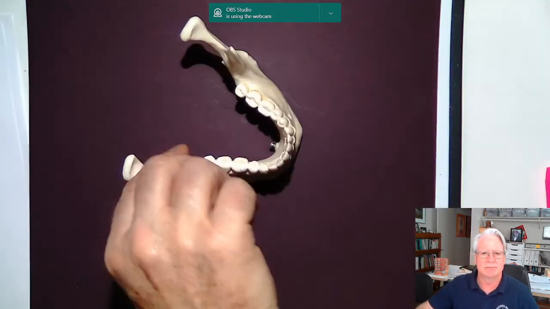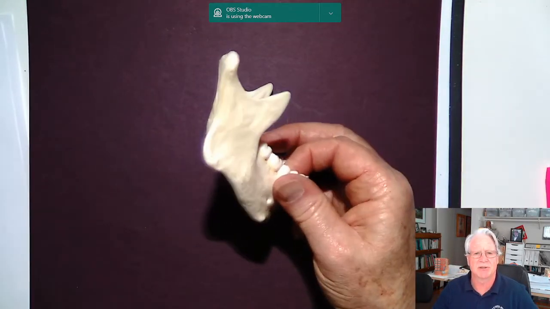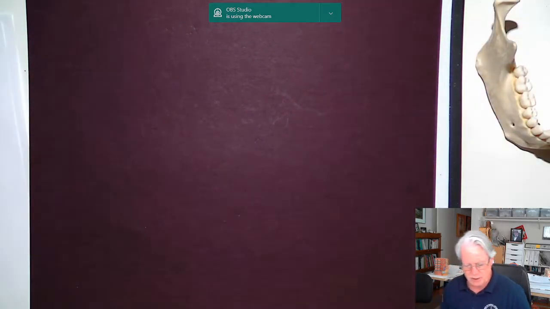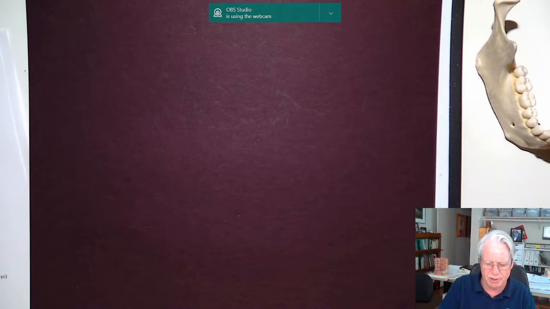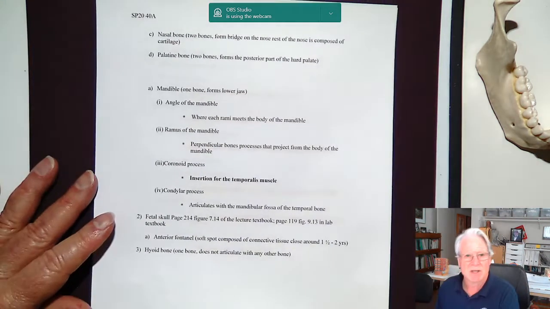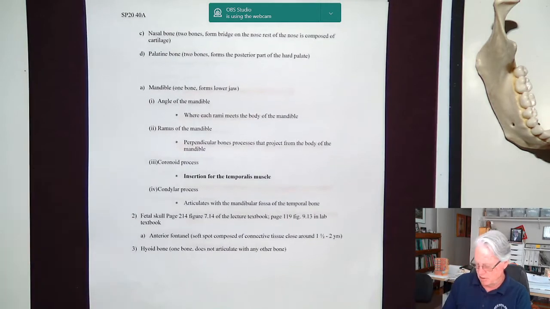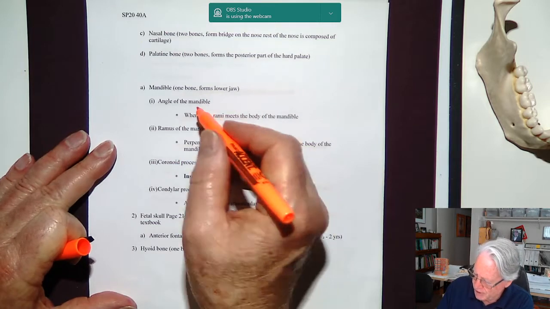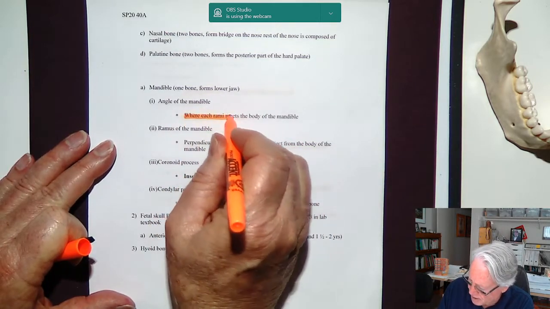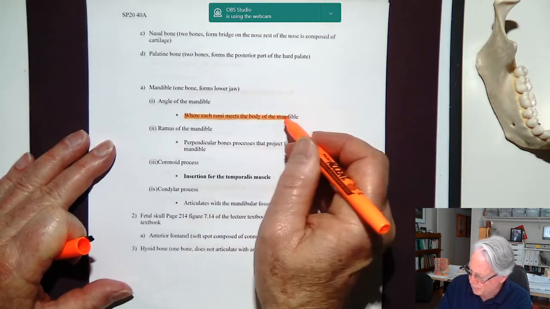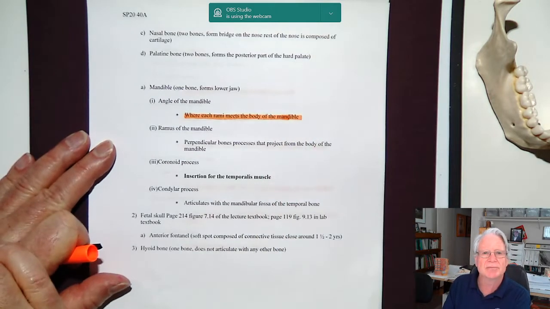Okie dokies. Now we're going to do this bone, which is the lower jaw. And we'll talk about that. Okay. So let's go back to our list and take a look. We're going to do the mandible, and we're going to do a number of things. We're going to look at the angle of the mandible, and that's where the ramus and the body of the mandible meet.